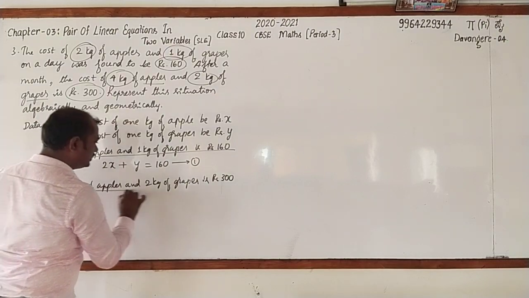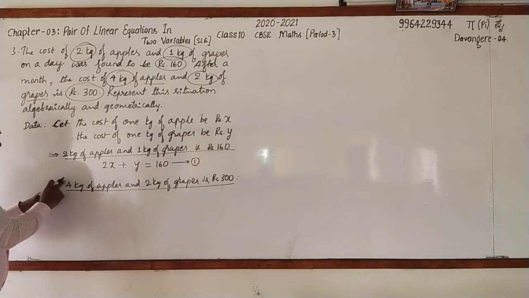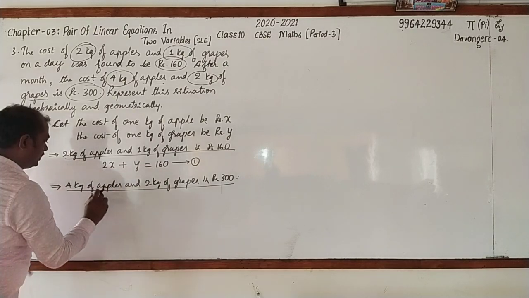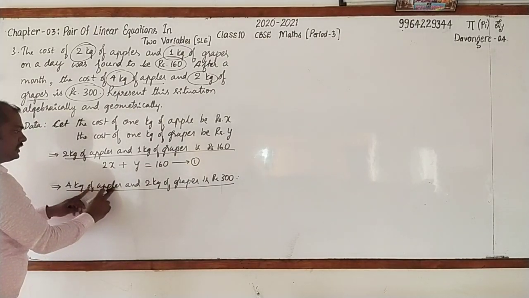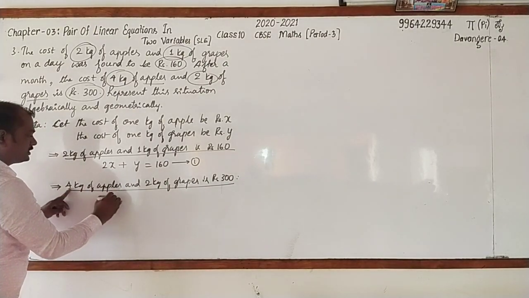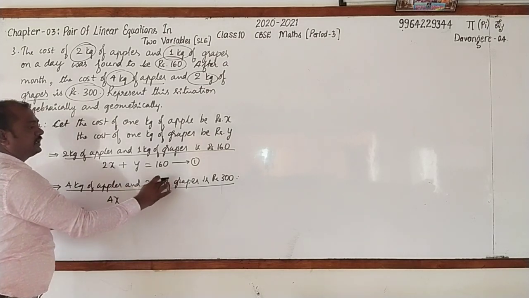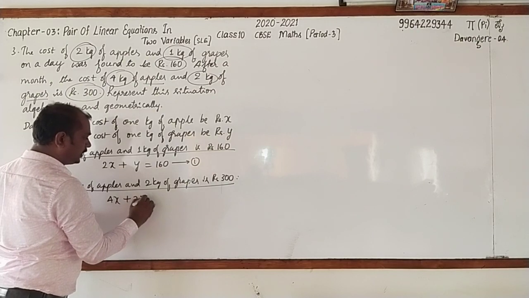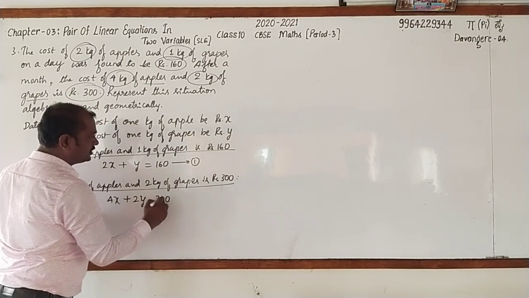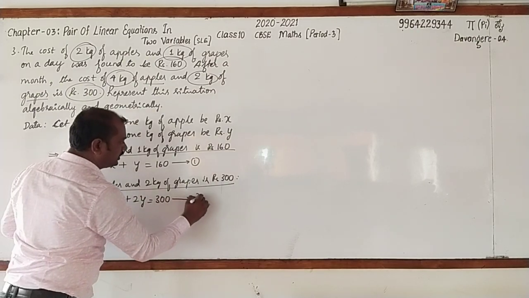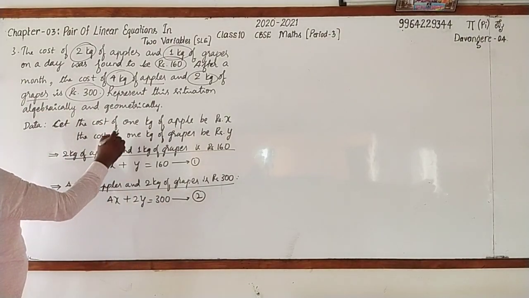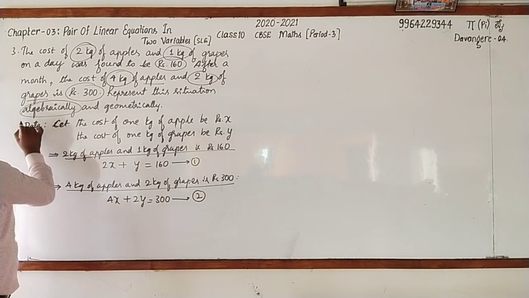Let us convert this again into an equation. Cost of 1 kg of apple is rupees x, so 4 kg, 4x. 1 kg of grapes, rupees y, so 2 kg, 2y. It is equal to rupees 300. I call it equation 2. Okay. Now, the algebraic part is over.